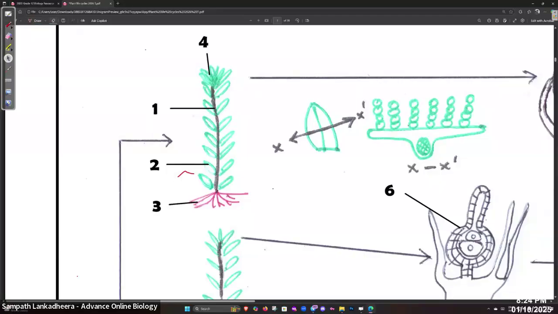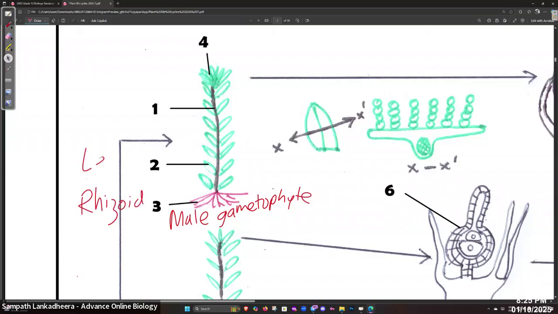This is the male gametophyte. Number 3 is the rhizoid, number 2 the leaf, number 1 the stem.